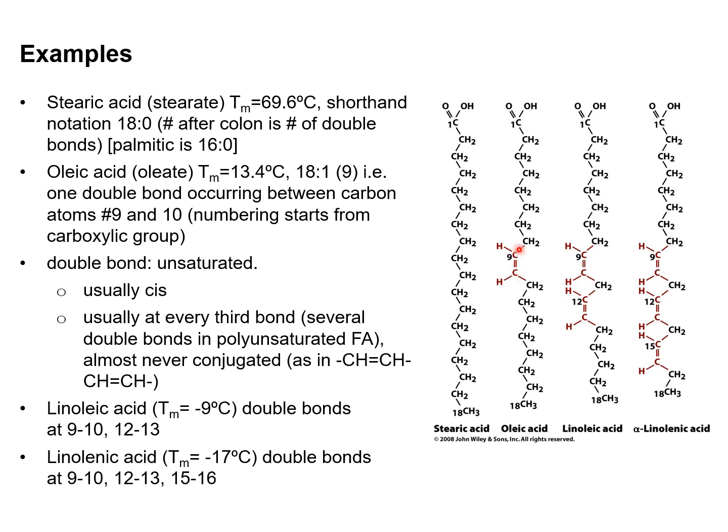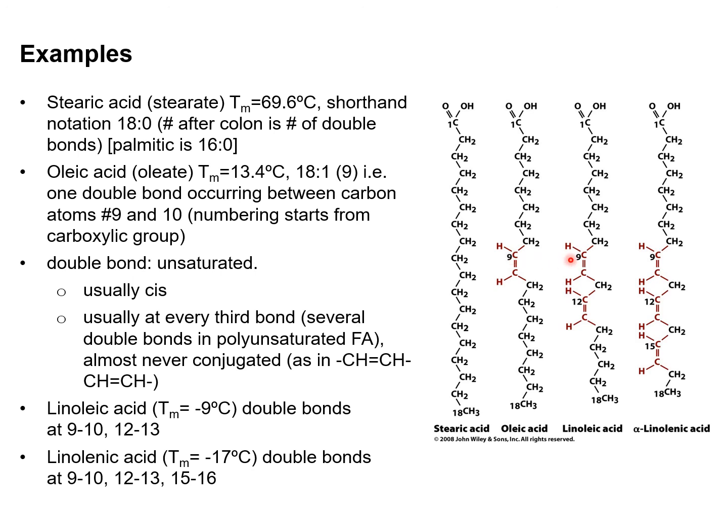And the existence of a double bond in the fatty acids means that this fatty acid is unsaturated, and these double bonds usually happen to be cis, so they're on the same side. As you can see here, multiple double bonds are typically on the same side of the molecule, and also usually happen at every third bond.